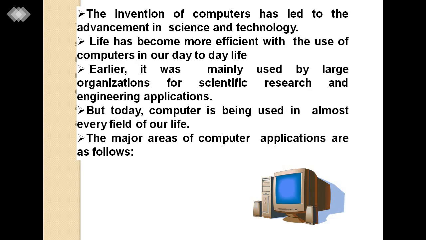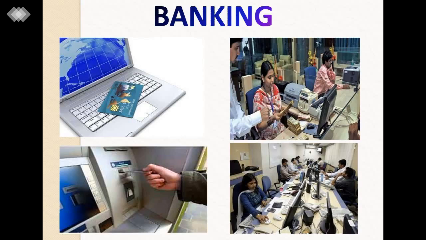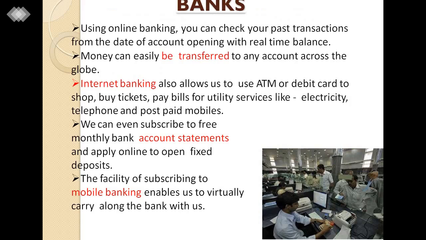To cover all major areas, we followed some applications of computers, starting with banking. In banking, customer information, products, reports and profiles, transactions, and credit applications are all processed in the bank with the help of computers.